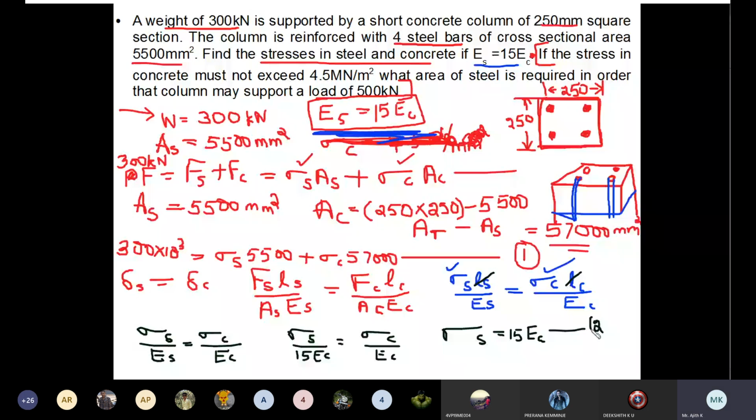Compare equation 1 and 2. There are 2 equations and 2 unknowns.